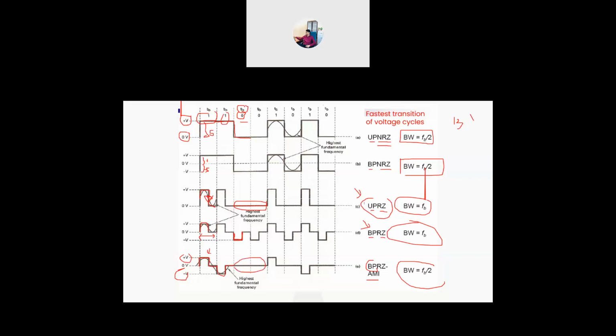Okay, and the next bit is 1. So before this we have negative amplitude, so the next representation for 1 will be positive here. Then 0 will be absence of pulse, and this one for bit 1 is alternate.